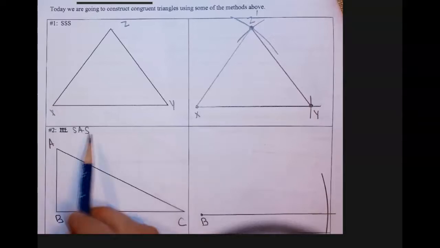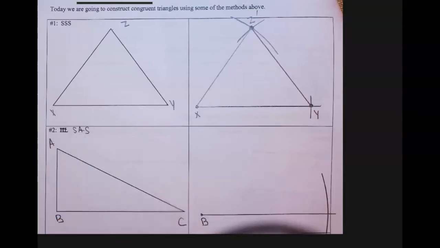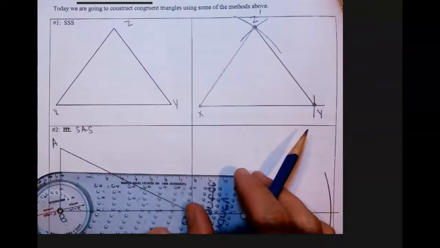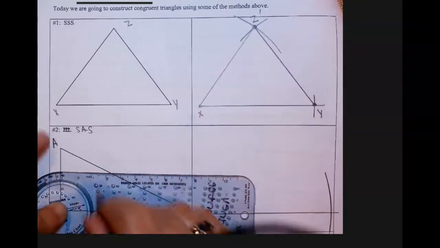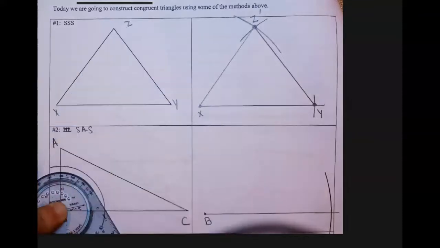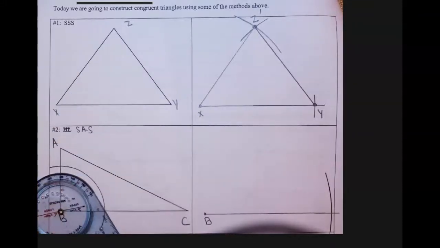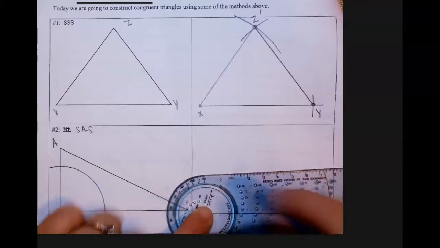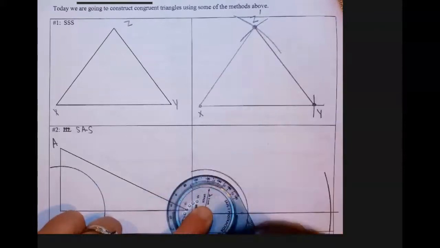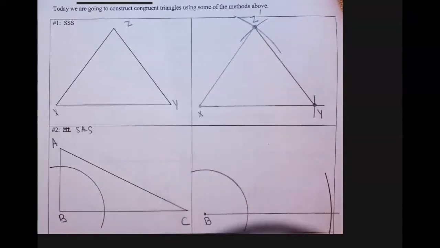Okay, so I copied the side, now I have to copy the angle. That's why we practiced that skill in the front. So we're going to make an arc at angle B, and I'm going to use the 30. I need to measure that same arc over here. So again, I'm going to do an arc of 30. And now we want to measure the opening.